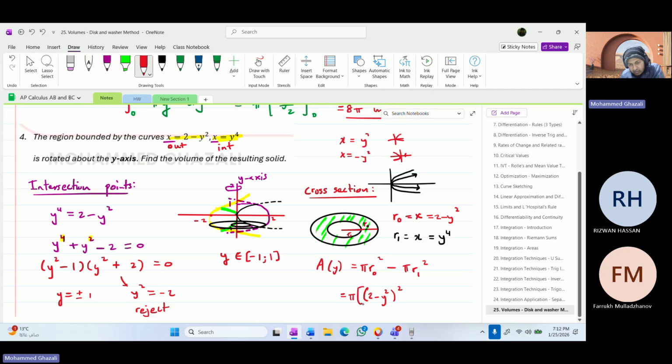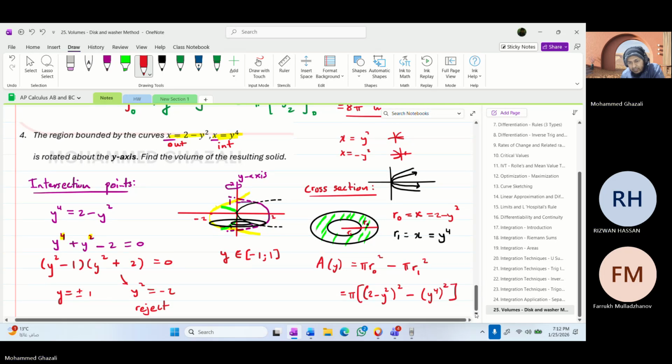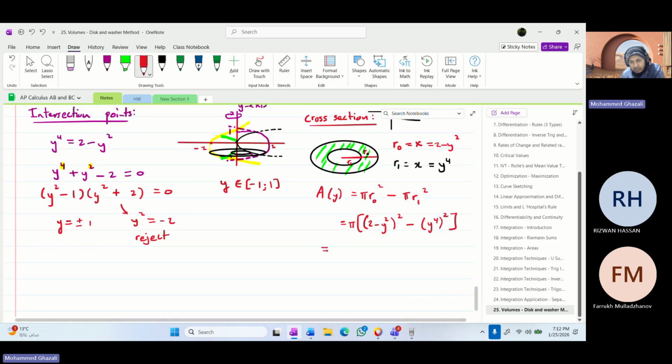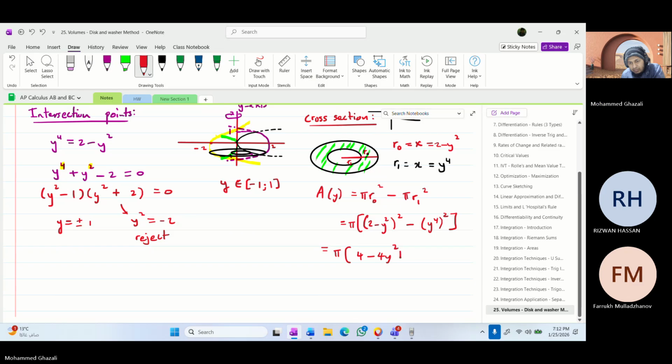Can I put this in brackets? Let me put it in brackets so we can just simplify the function. Take the pi out. What's R1? Y to the power 4. That squared. And that squared, yeah. Right, great. So now we have pi. That is 4 minus 4y squared, middle term, plus y to the power 4, minus y to the power 8.